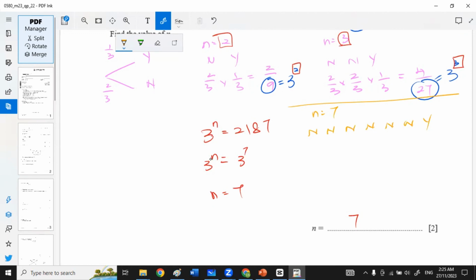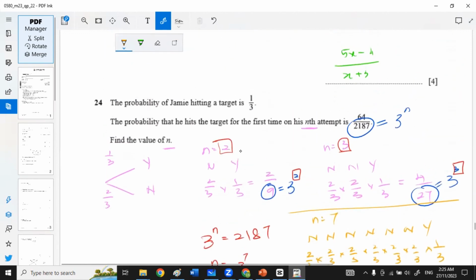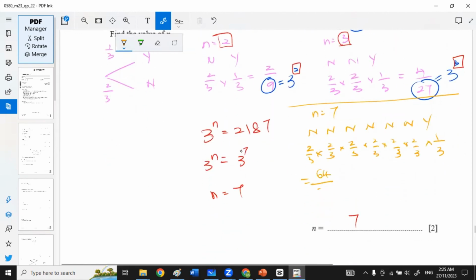So you should get 2 over 3 times 2 over 3 times 2 over 3 times 2 over 3 times 2 over 3 times 2 over 3 times 1 over 3. Okay, calculate, you get 64 over 2187.